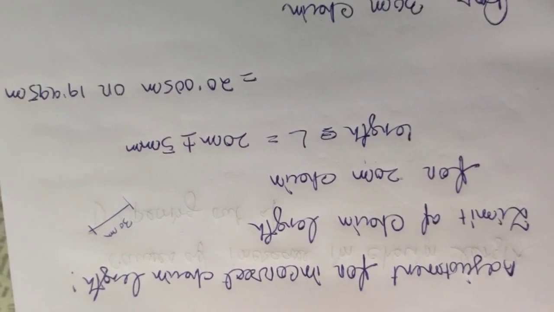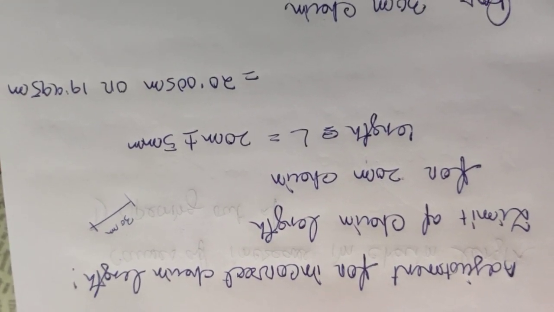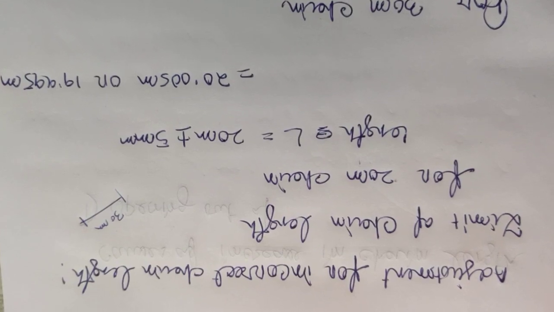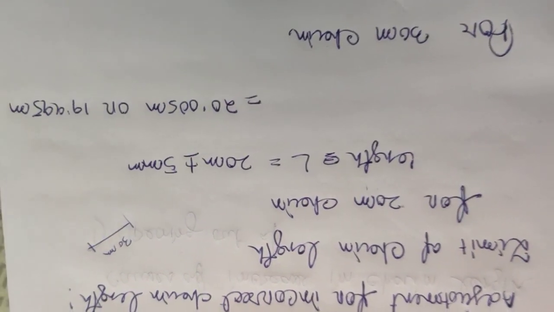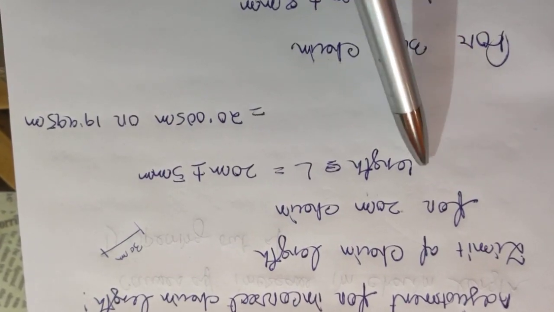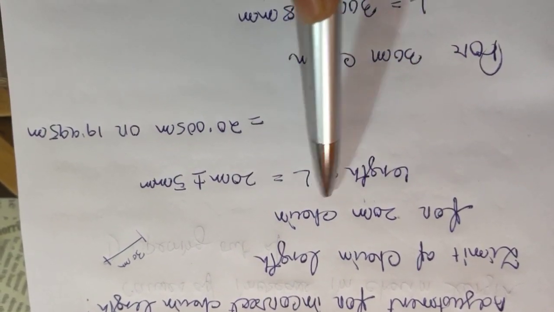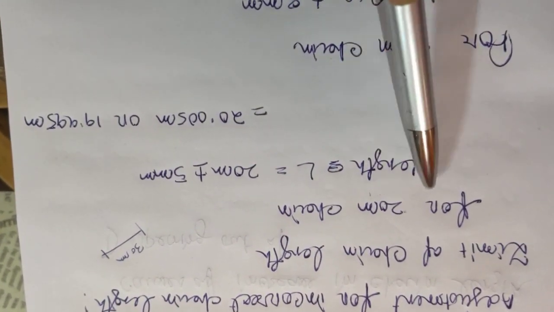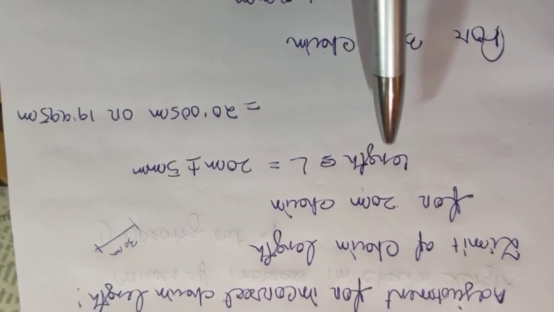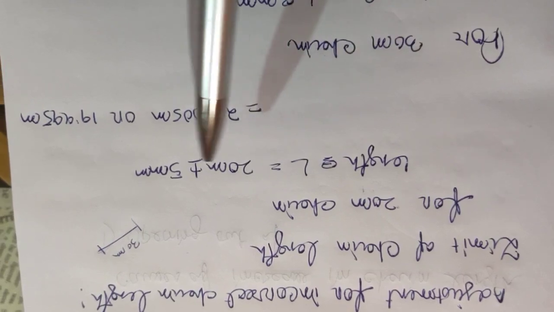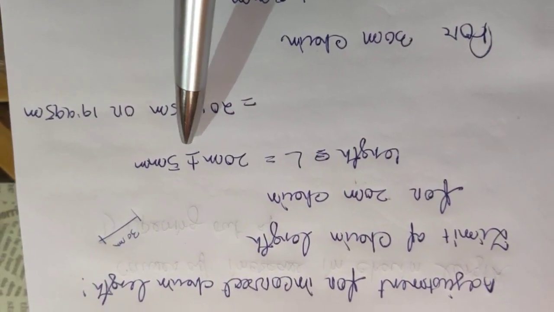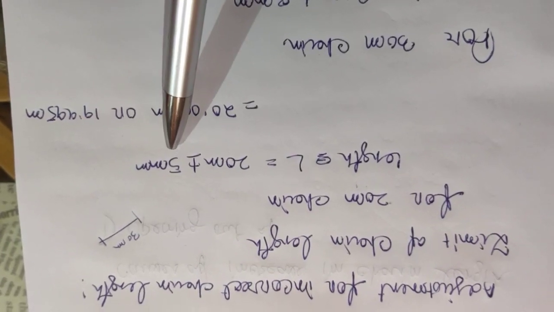If the chain with which we are doing the survey is defective, so here are the corrections that we need to apply. First, if the chain that we are using is of 20-meter length, watch very carefully, then the correction that we can apply is of 5 millimeter.